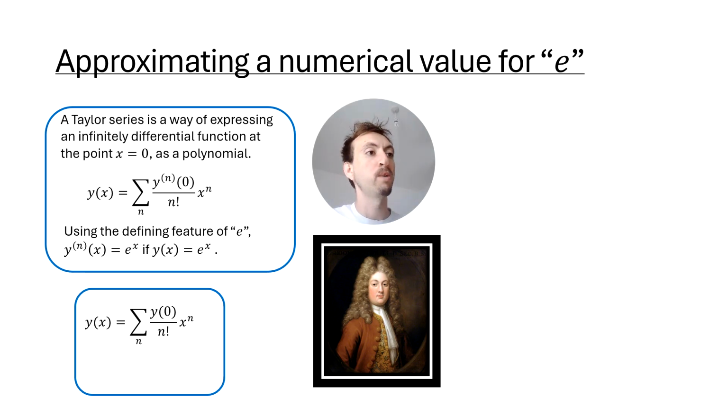So in other words, we can replace the nth order derivative in our Taylor series with just y. And so replacing the nth order derivative of y with y, we get that for the function y equals e to the x, the Taylor series for y should be the sum over n from n equals 0 to infinity of y of 0 over n factorial x to the n.